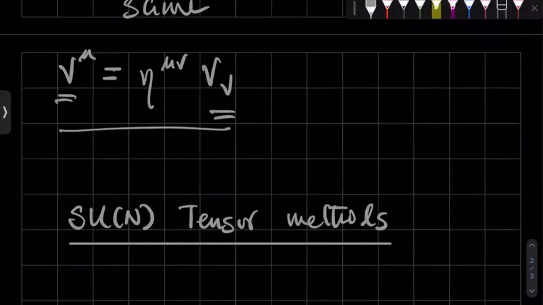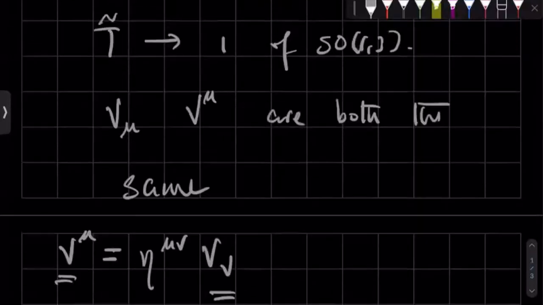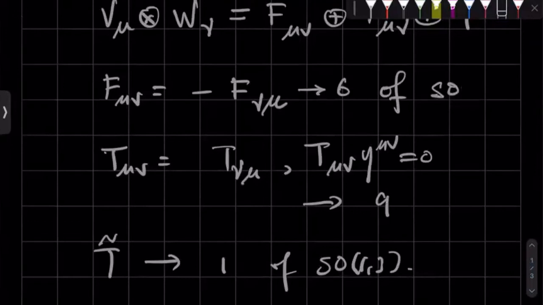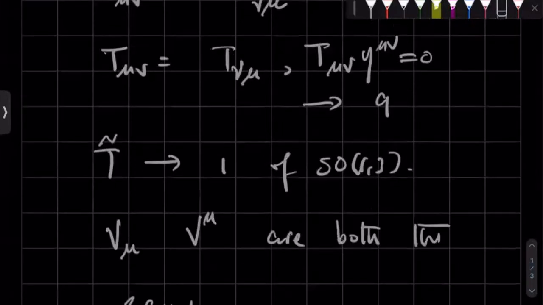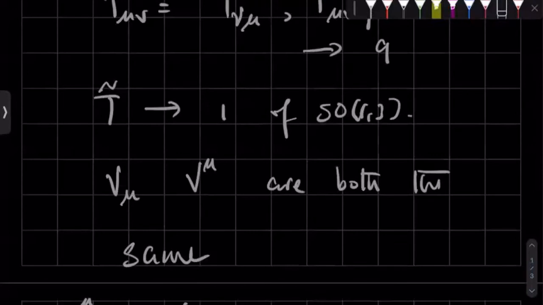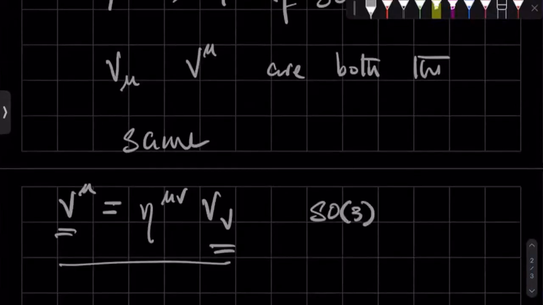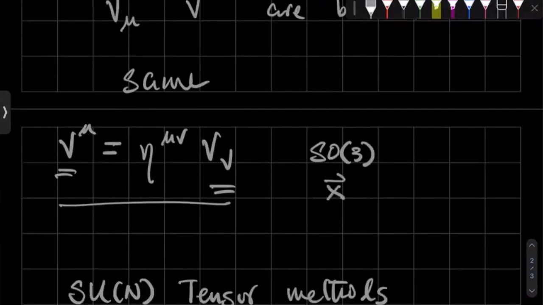What does it mean for something to be a vector representation? So here what it means is this: for example, if I took SO(3) and the 3-dimensional position vectors X, then the action of SO(3) on X is R acting on X. So this is the vector representation because this guy is a vector.